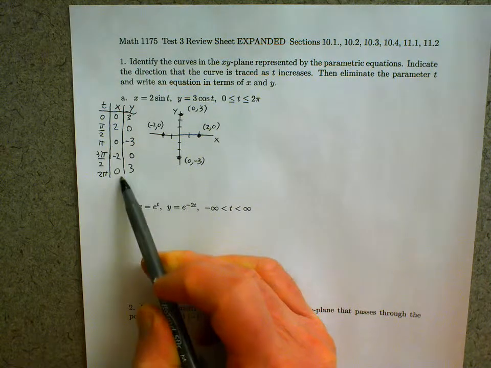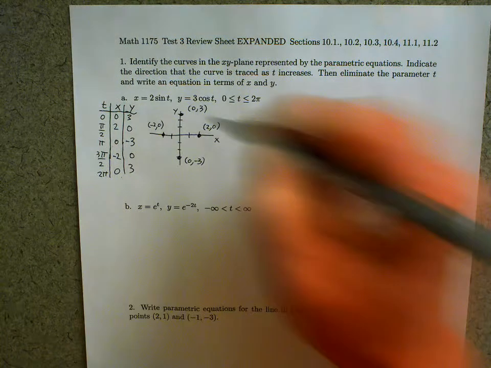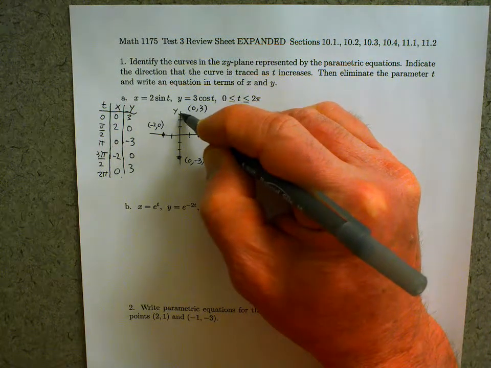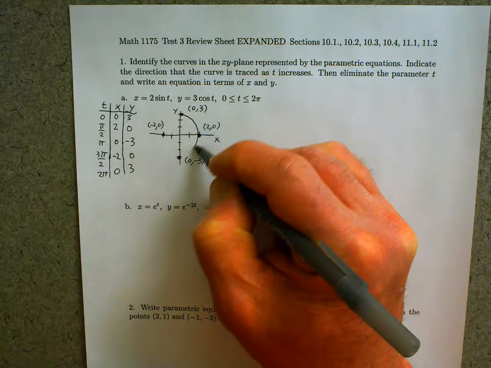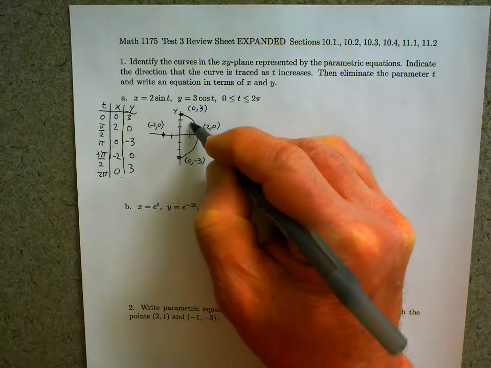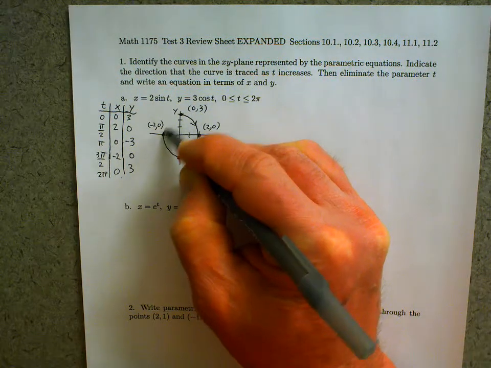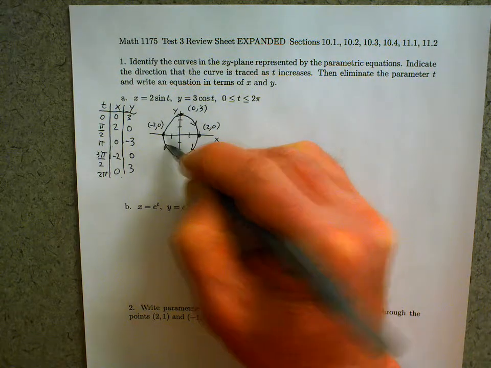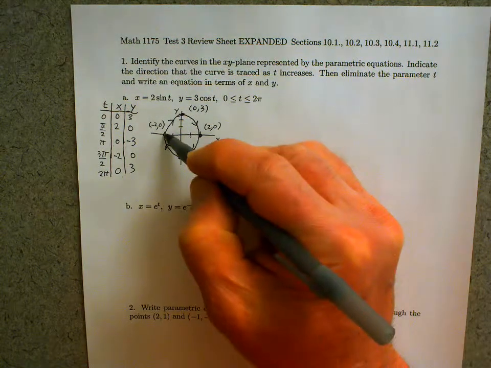And then the terminal point is 0, 3, the same as the initial point. The path is clockwise, so we indicate by putting an arrow in the clockwise direction. Hey, this is supposed to be an ellipse.